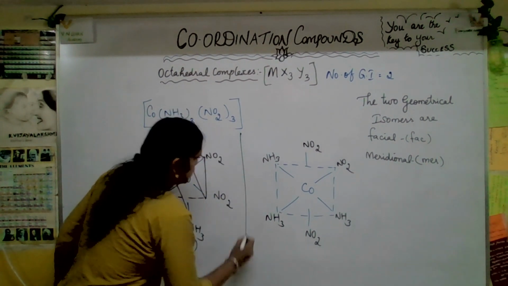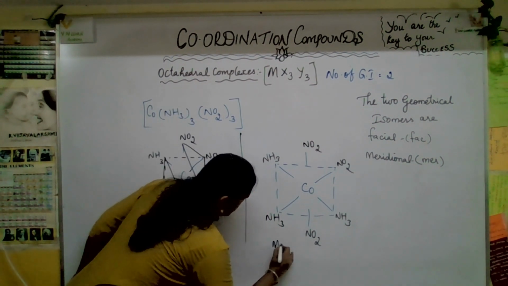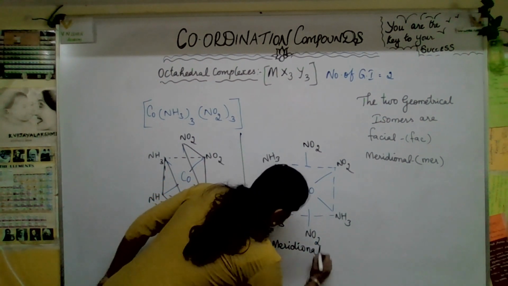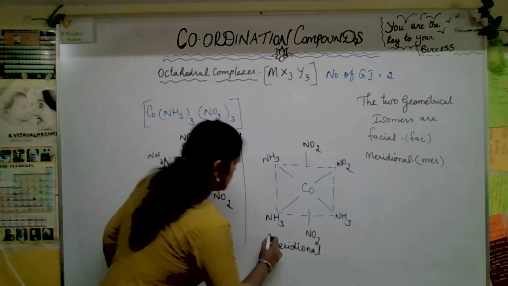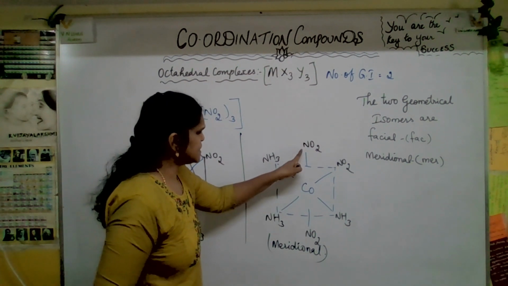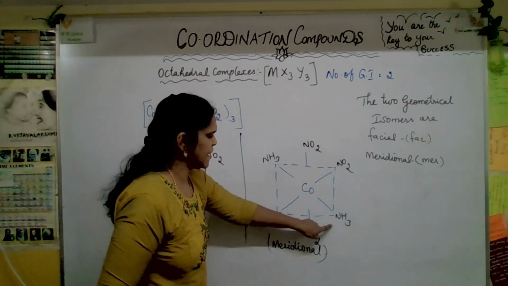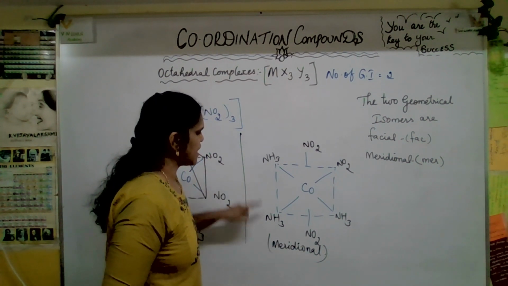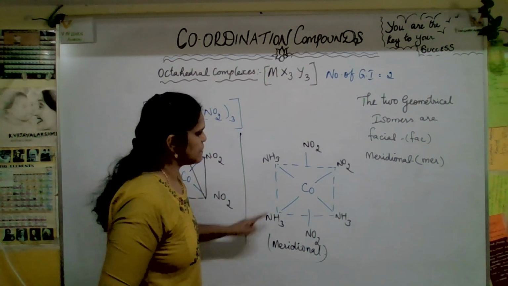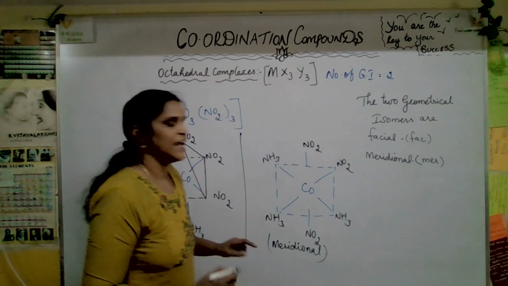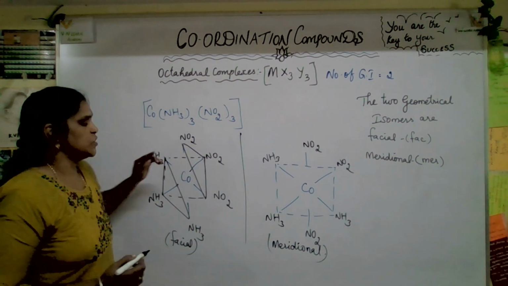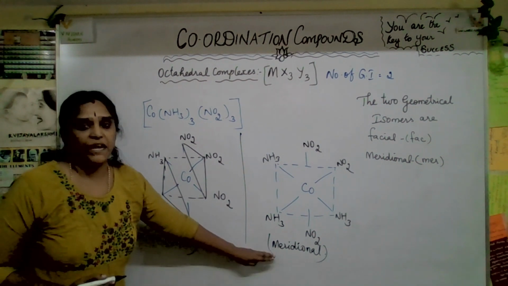Okay, now this is meridional, something different. Now you see here in this NO2 NO2 NH3, whereas this side NO2 NH3 NH3. See, these both are similar and these both are different. In that way we can identify, whereas here same. So this is facial and meridional.